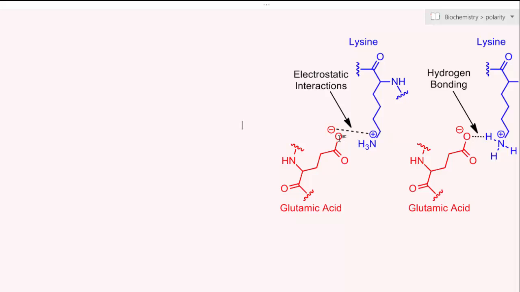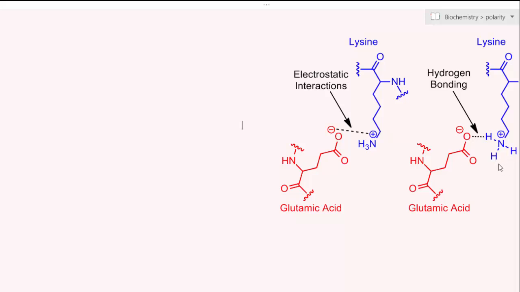So there is an electrostatic attraction between two opposite charges. Also, there is a hydrogen bonding between the NH3 and the C double bond O of the COO minus. So a salt bridge is a combination between an ionic attraction and a hydrogen bonding.